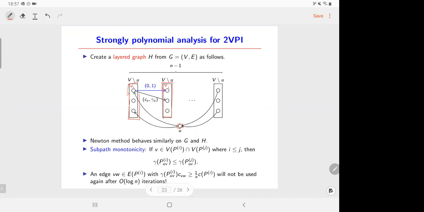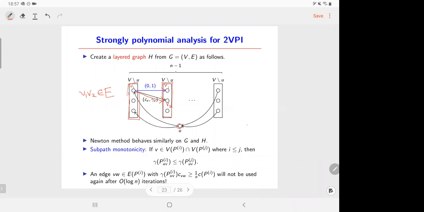And then the edge construction for the remaining edges is as follows. If you have v1, v2 here, and v1 and v2 is in the original graph, then you simply add a corresponding edge connecting the two with the same cost and discount factor. And this completes the construction of the layered graph.